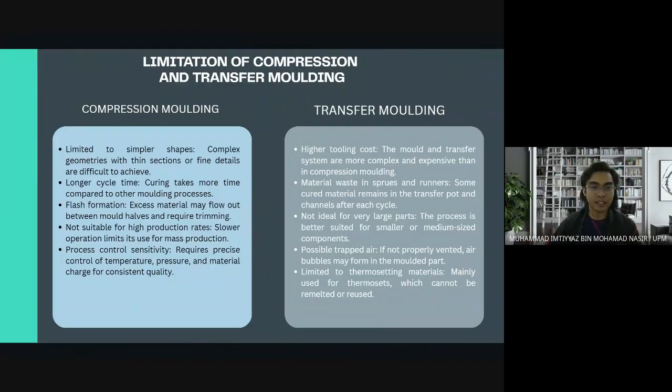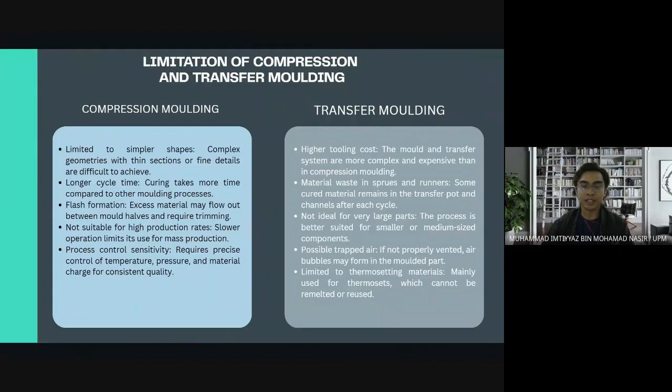And lastly, process control sensitivity. It needs precise control of temperature, pressure, and material charge for consistent quality. For transfer molding, the cost is expensive. The molds and transfer systems are more complex and expensive than the other molding processes.